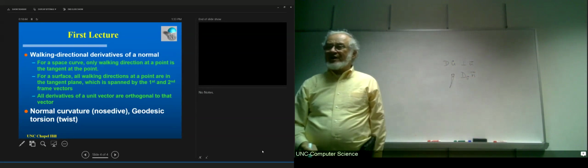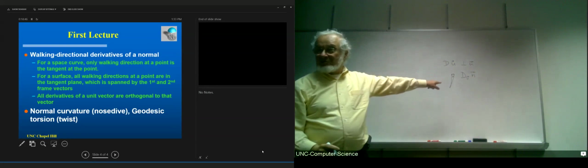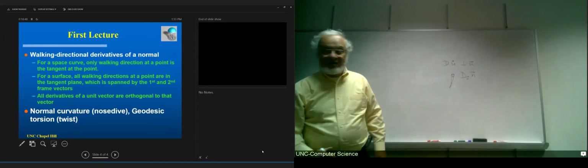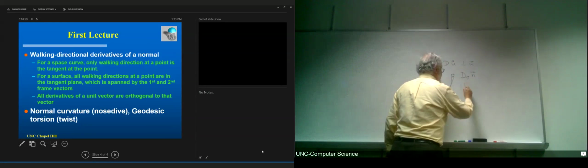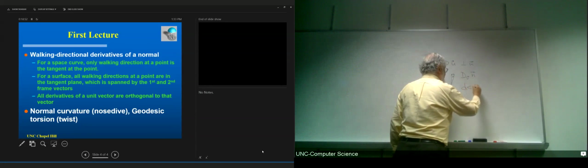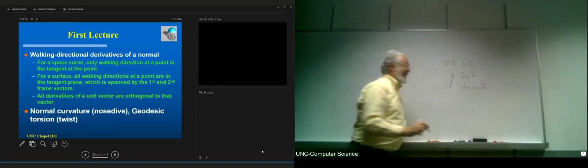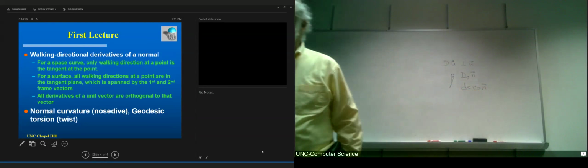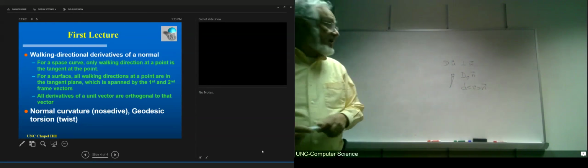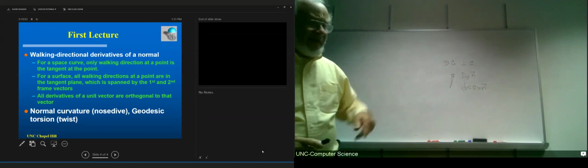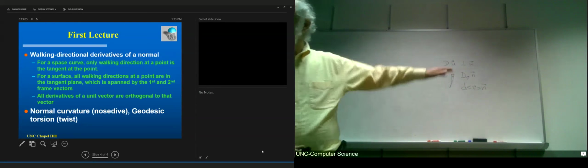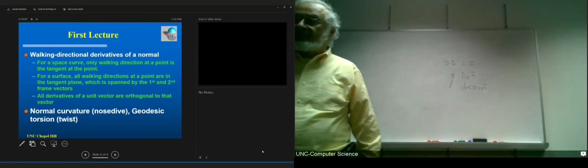Okay, so that's the directional derivative of the normal for walking in the v direction. Sometimes you'll see, and we'll see why I'm going to use this, sometimes I'm going to write that this way: d with angle brackets v of n. And that means the same thing. That's just two notations for the same thing.